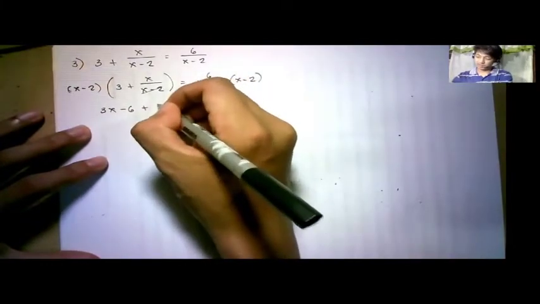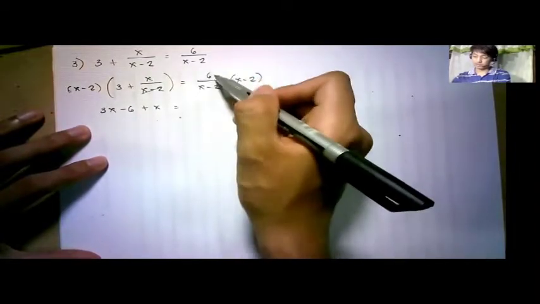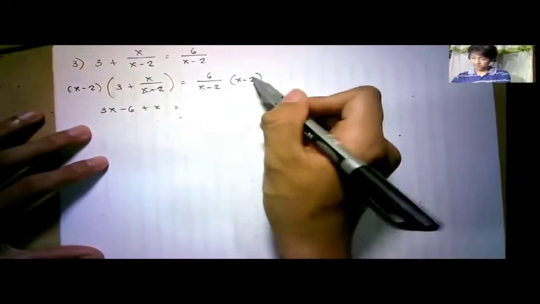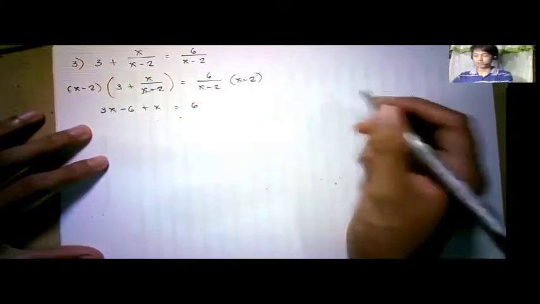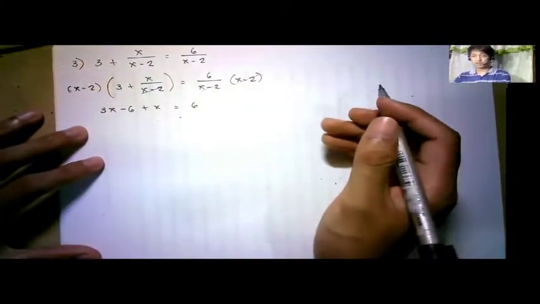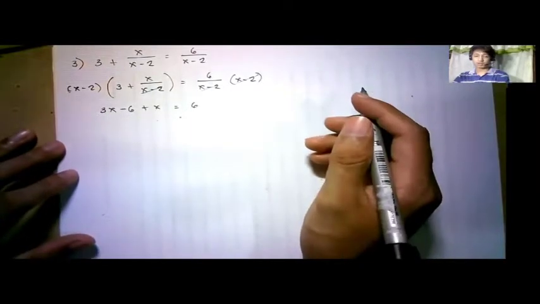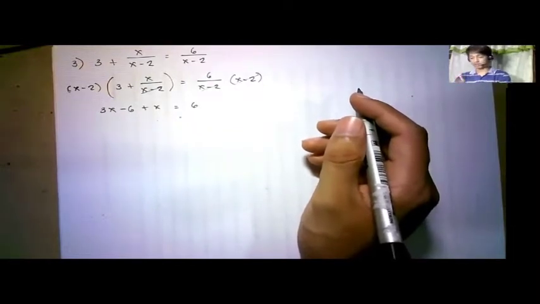So we are going to have x is equal to, and then x minus 2 times 6, we can cancel it out. So we have 6. And then collect like terms. When we say collect like terms, we move all the terms with variables on the left side, and then we move all the numerical values or the constant to the right side.